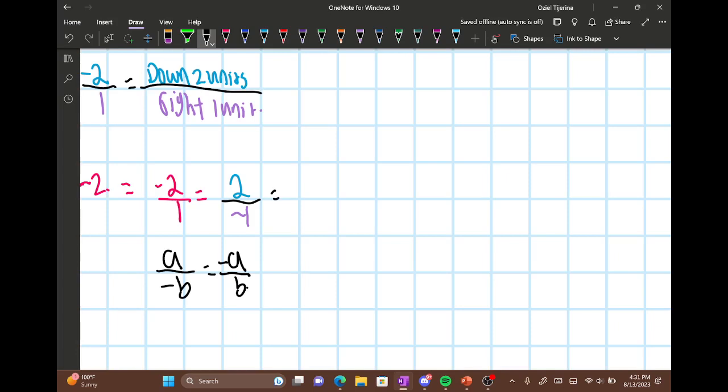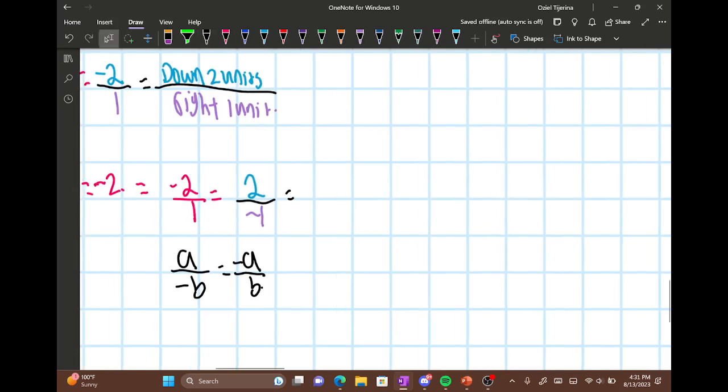So this would be up 2, and then to the left 1. In other words, rise 2 and run to the left 1 unit.